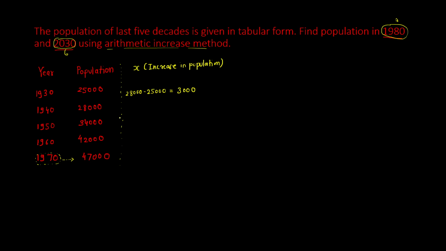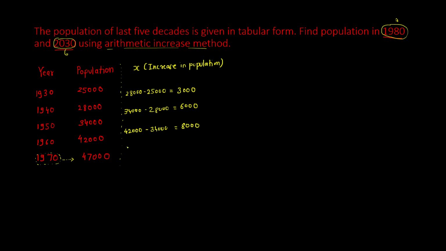Similarly, from 1940 to 1950, what is the increase in population? 34,000 minus 28,000, and this is equal to 6,000. Similarly, 42,000 minus 34,000 is equal to 8,000.